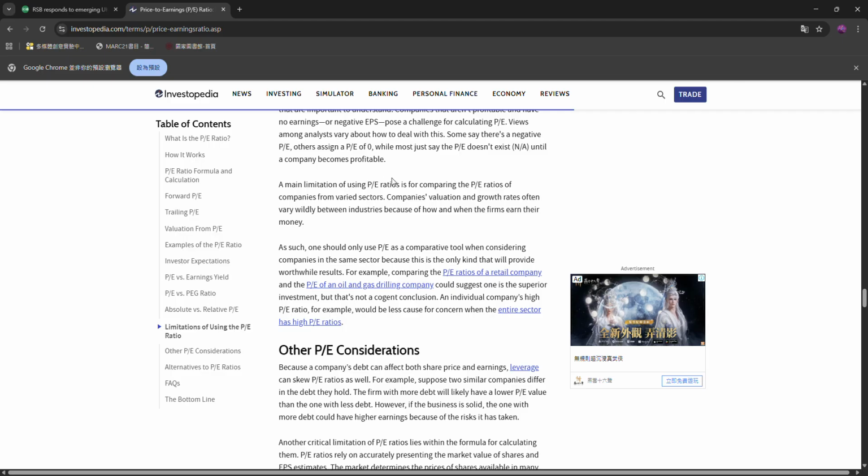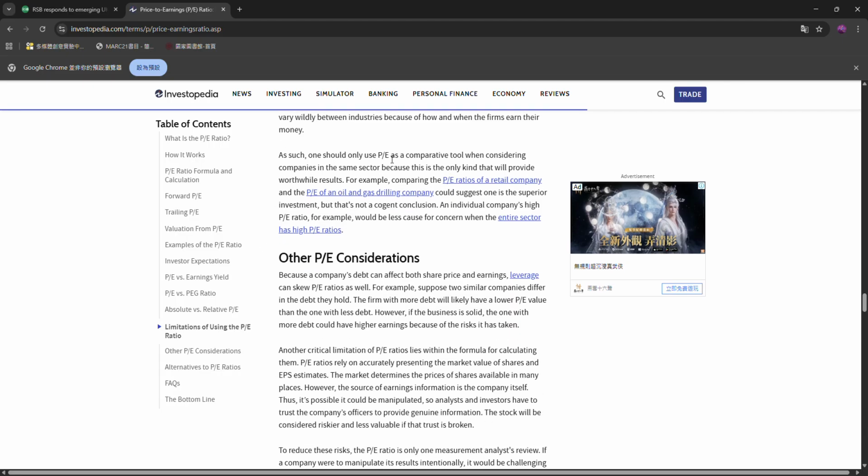A main limitation of using the PE ratio is comparing the PE ratios of companies in various sectors. Companies' valuation and growth ratios vary widely across industries because of how and when firms earn their money. As such, one should only use PE as a comparison tool when considering companies in the same sector, because it is the only kind that will provide worthwhile results.